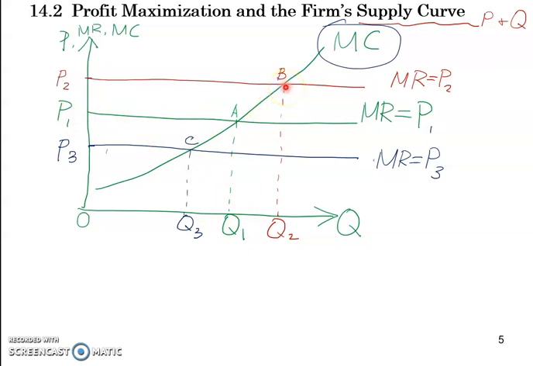Point B shows the one-on-one relationship between P2 and Q2. Point C shows P3 and Q3. So you could imagine that if you try other possible price levels, you would find all the points lined up on MC tell us the whole relationship between the price and the quantity for this product. So our conclusion is the MC curve is the supply curve.